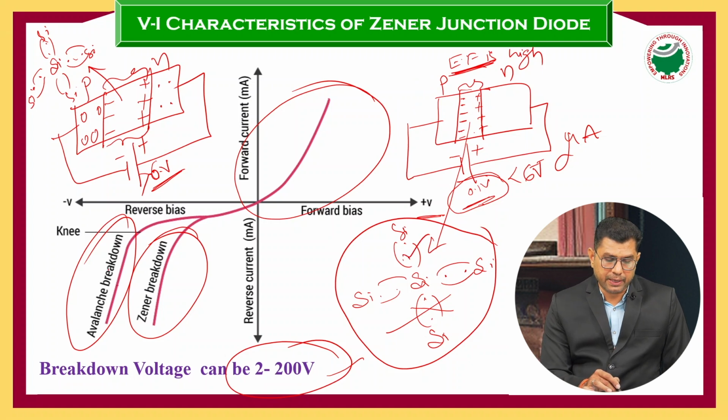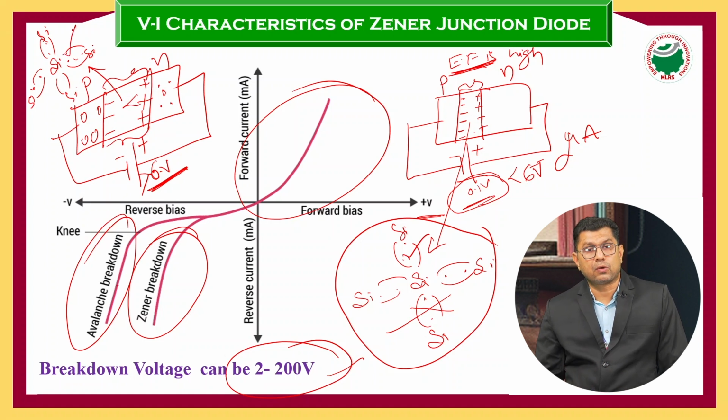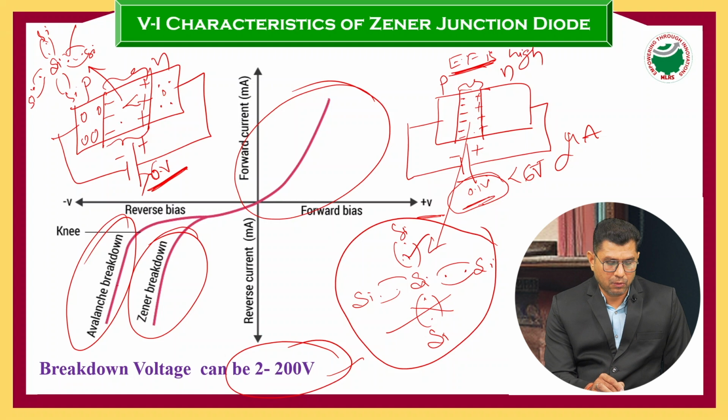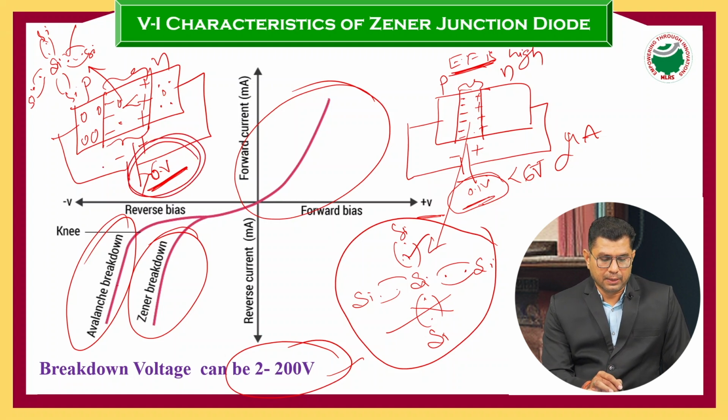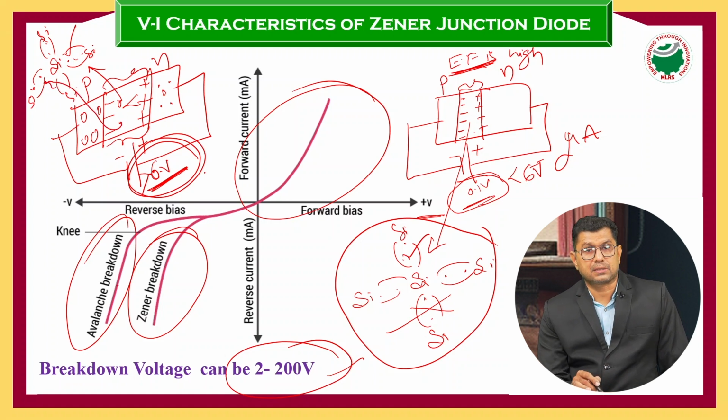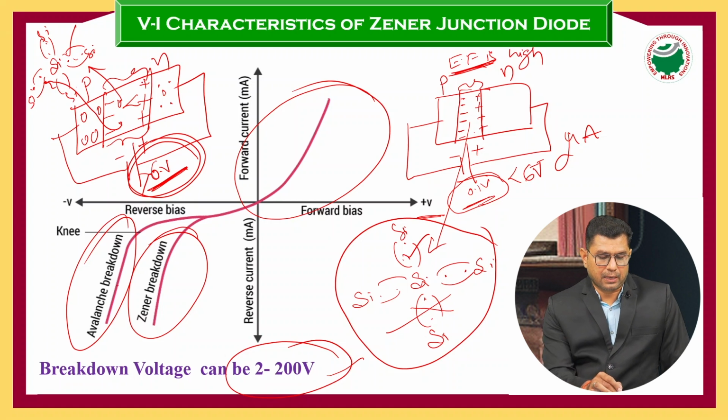But in avalanche breakdown, you apply a very high voltage. Then a minority charge carrier with high speed collides and breaks this covalent bond. One electron and hole pair is created, and they move under the high field. Then this electron breaks another covalent bond. Like this, in a fraction of a second, millions of electron and hole pairs are created.